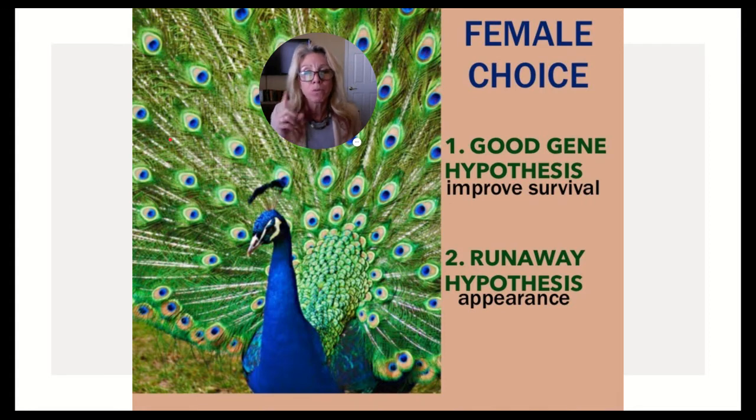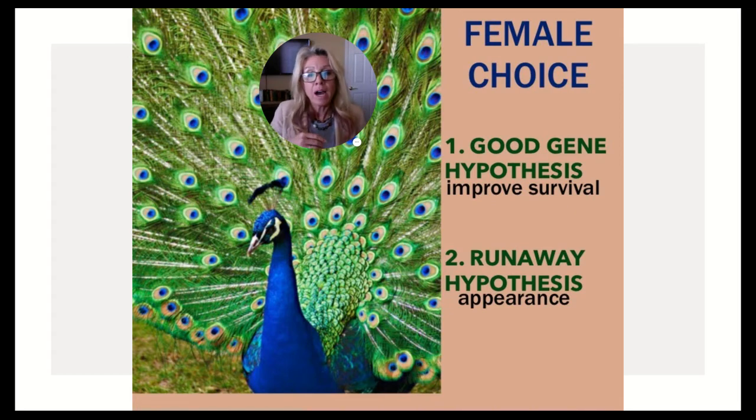Two hypotheses. The first one, good gene hypothesis. This asks: does the male have traits to improve the survival or the fitness of your offspring? Are they bigger? Are they stronger? Are they faster? That would be the good gene hypothesis. The runaway hypothesis is like you're running away with a certain trait, like you see here on the peacock.